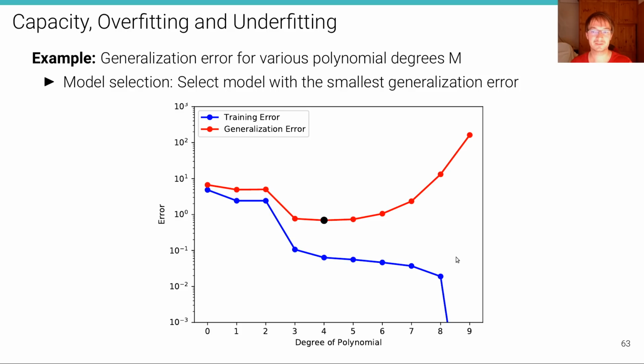This is the overfitting case. Here on the left, we have underfitting. Neither of these errors are small. Here on the right, we have a very small training error, but a very large test error. And what we want is the best model that produces the smallest generalization error.